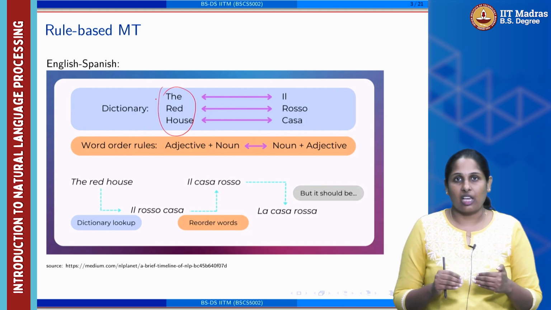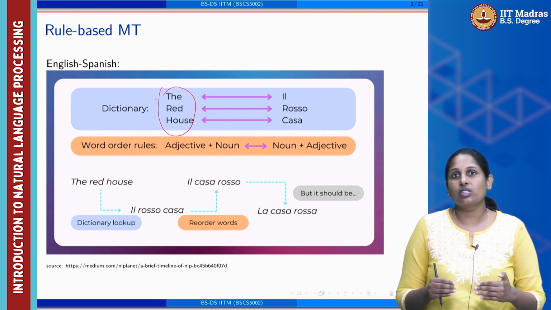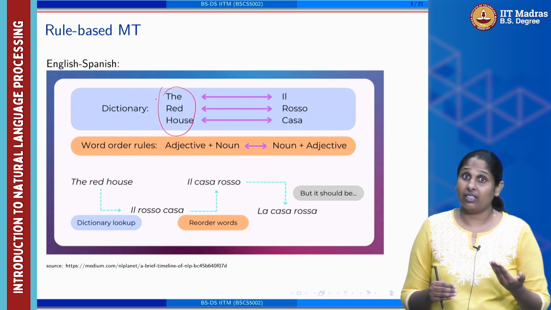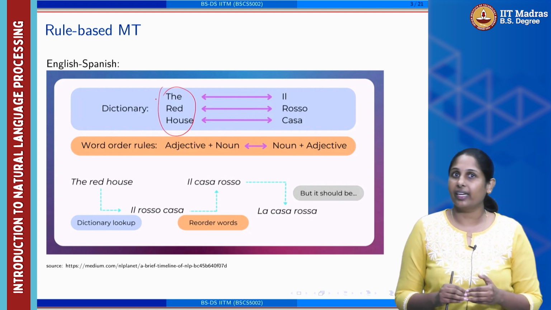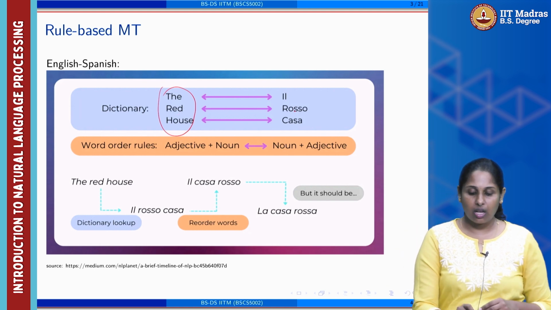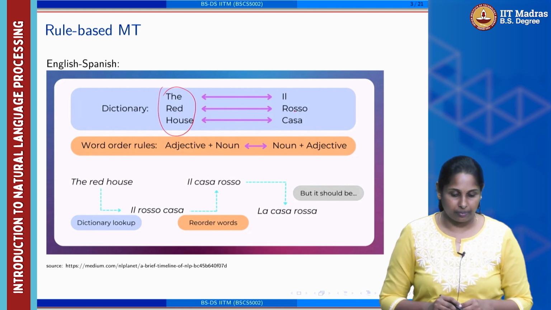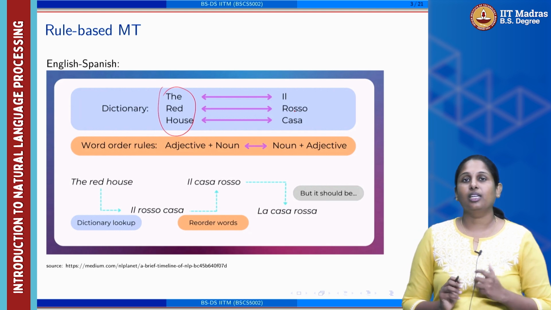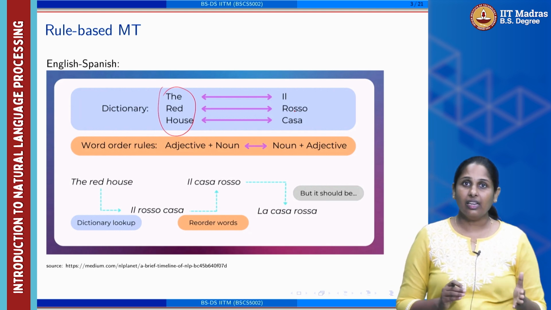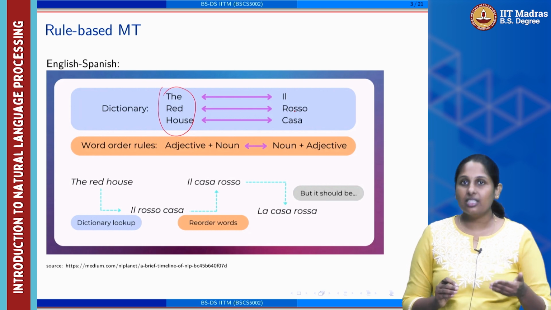But at this stage, the system will not know who the next neighbor is. Based on that, it may decide or it may not decide in the rule based technique. Red is translated as rosa and house is translated as casa. Now, the simple word order rule between English and Spanish shows that in English the adjective always precedes the noun, right?